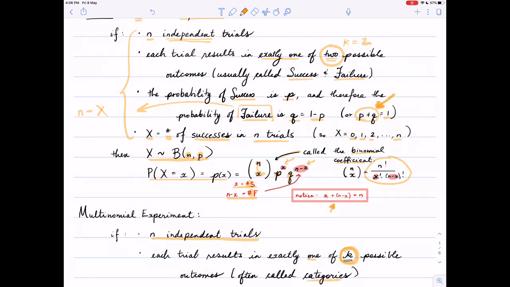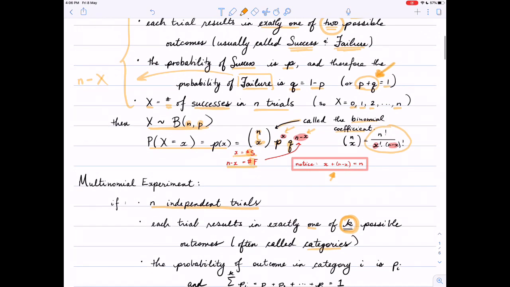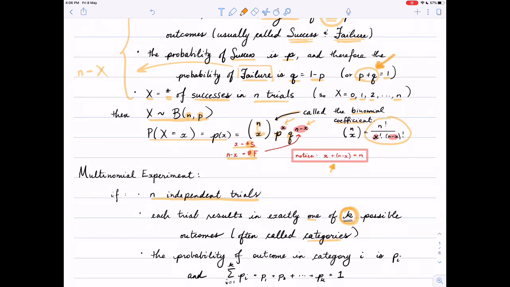So in a binomial, success and failure are the two categories. The probability of an outcome in category i is p sub i, right? So this is our first category in the binomial, this is the probability. We didn't have to give the other one because there are only two.